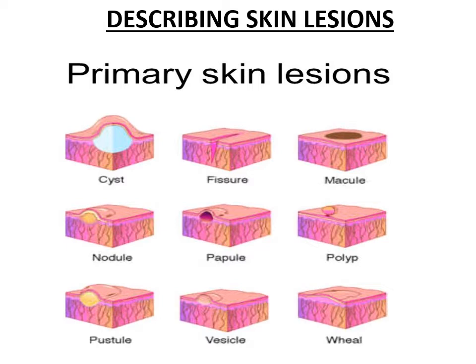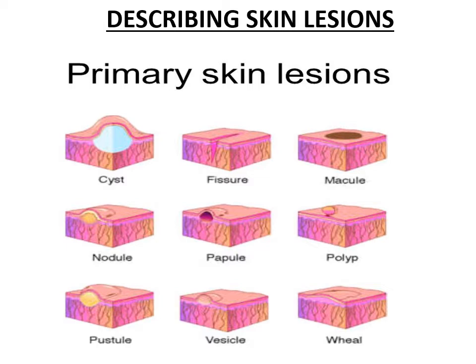A polyp, say a skin tag. So typically under the arms, we can get these little skin tags, sometimes at the neck. They're just extra little bits of skin, and they have a polyp appearance. A pustule, well, those are whiteheads typically.